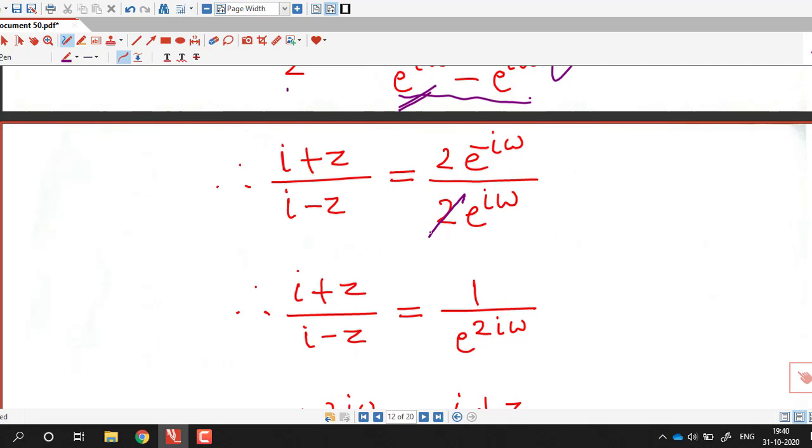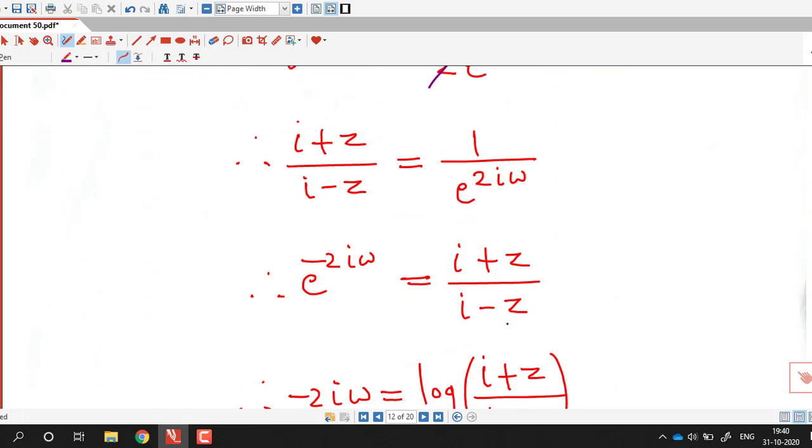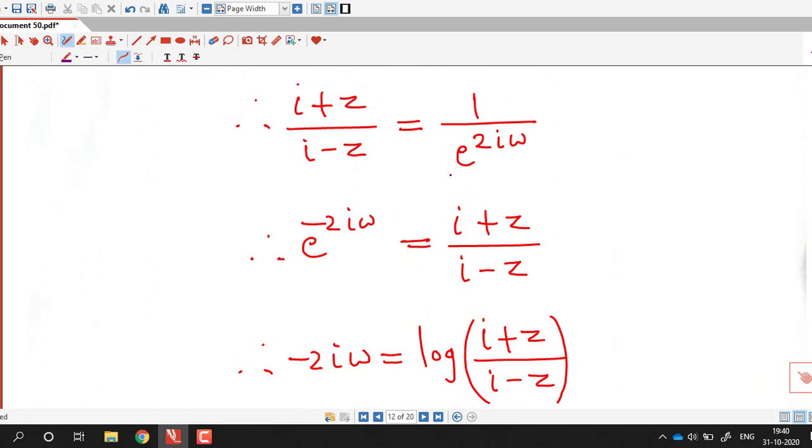So here 2 will cancel out, and if we take e raised to minus iw equal to 1 upon e raised to iw, we have 1 upon e raised to 2iw. Now this 1 upon e raised to 2iw can be rewritten as e raised to minus 2iw, so that is equal to i plus z upon i minus z.